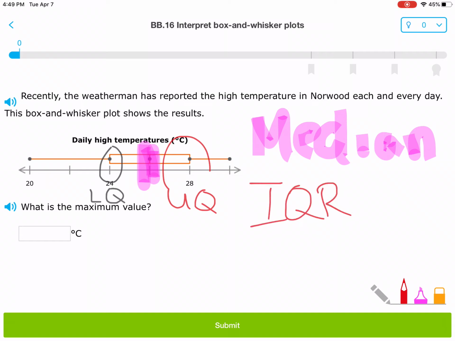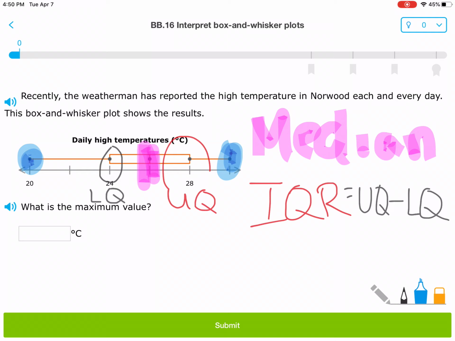And sometimes we want to find what's called the IQR. That's interquartile range. And to find that, you're going to subtract those 2 values. So the upper quartile minus the lower quartile. Some other things that you can find from a box plot is the range. So you could use the upper value and the lower value. Those are called the minimum and maximum.